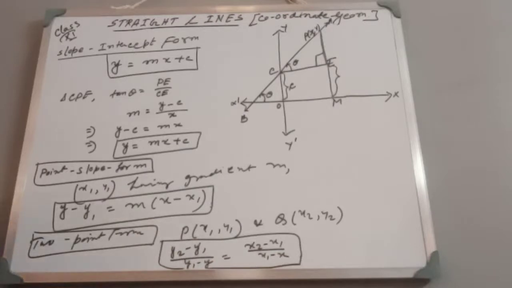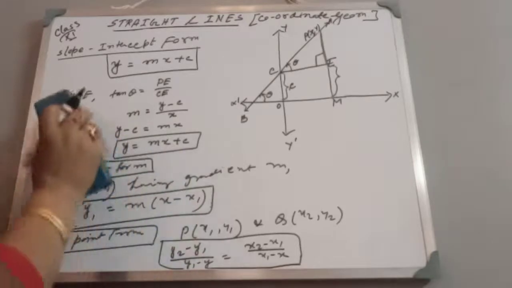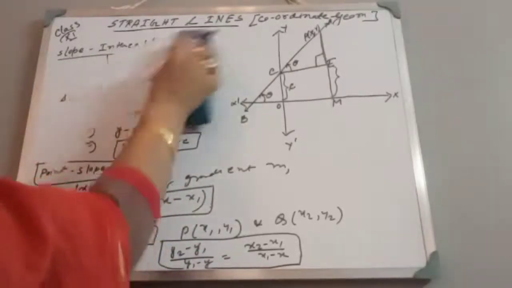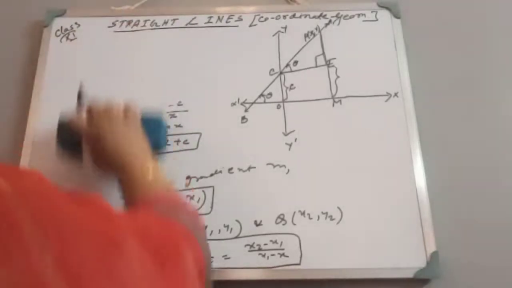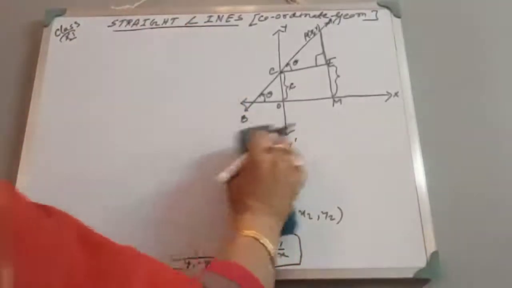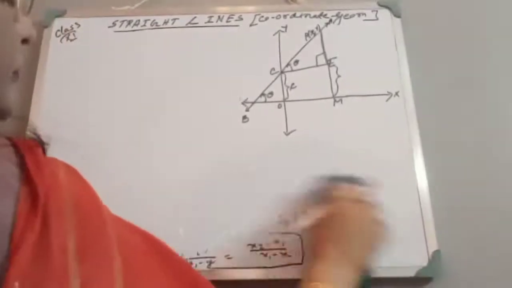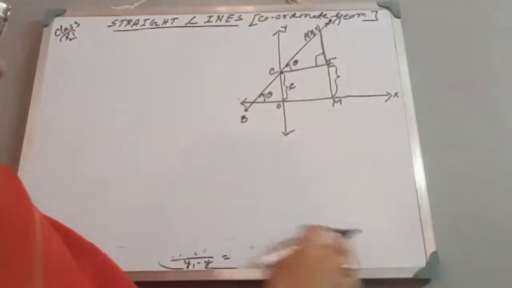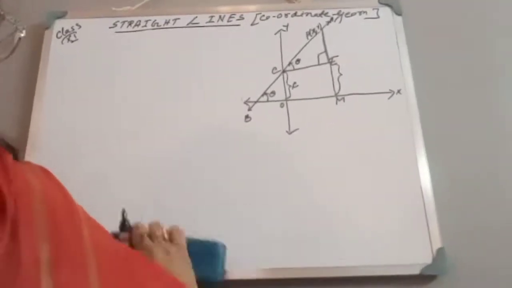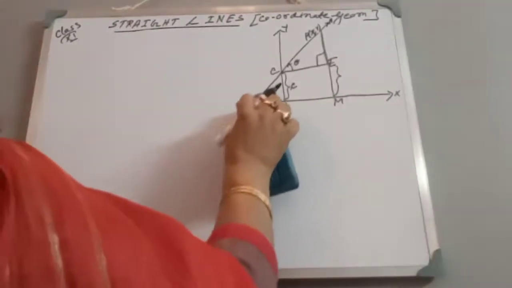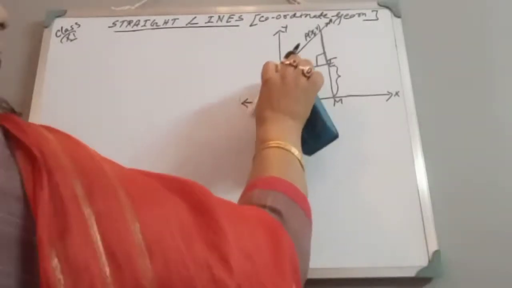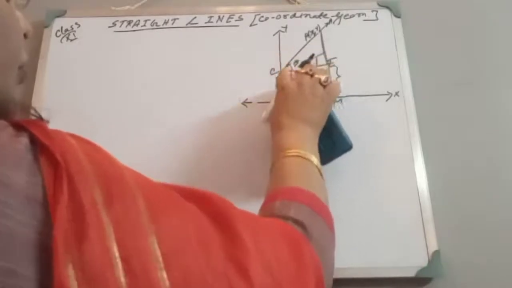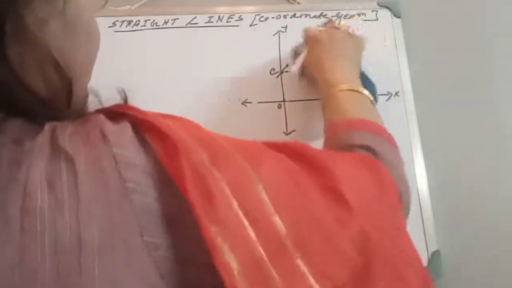Next is the intercept form. No need to rub the whole thing, I will only rub this diagram.